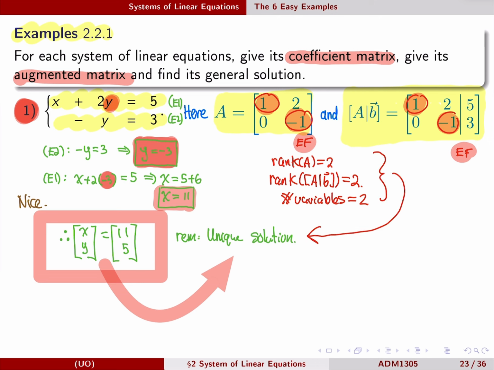So this is how you can use the rank of those matrices to check how many solutions we have. Because everything is equal, the rank of A, the rank of A augmented, and the number of variables, boom, unique solution. In this case, using algebra and backward substitution, I was able to figure out y, then x, to get my unique solution.